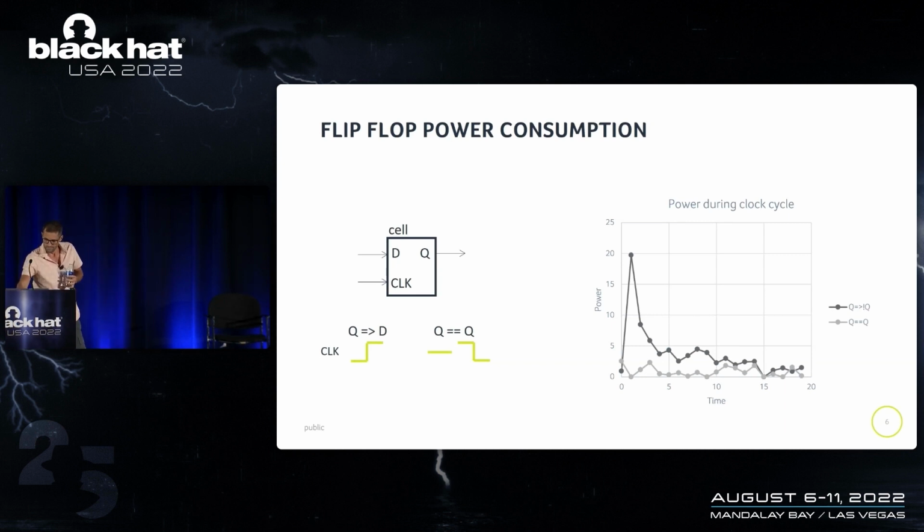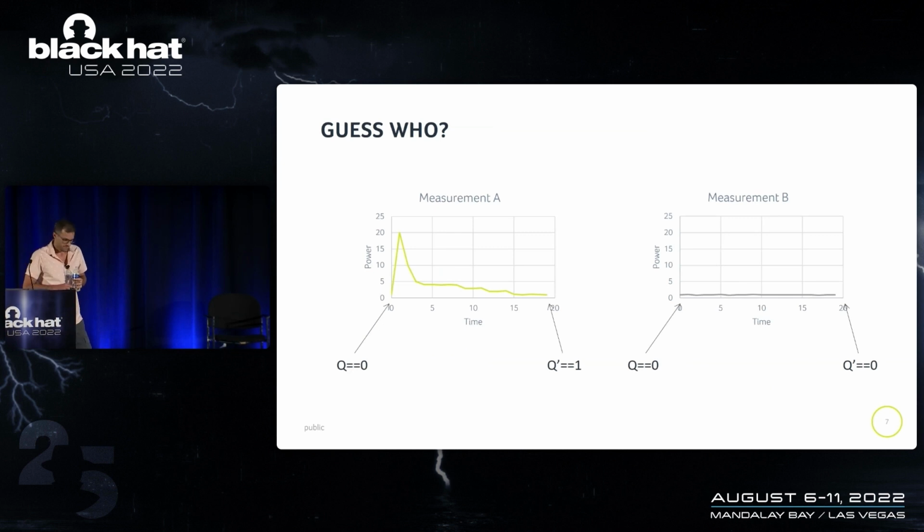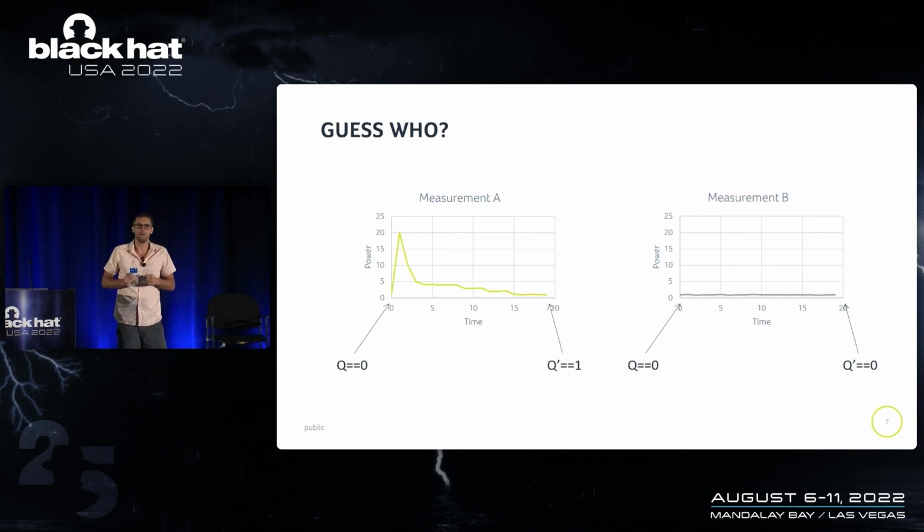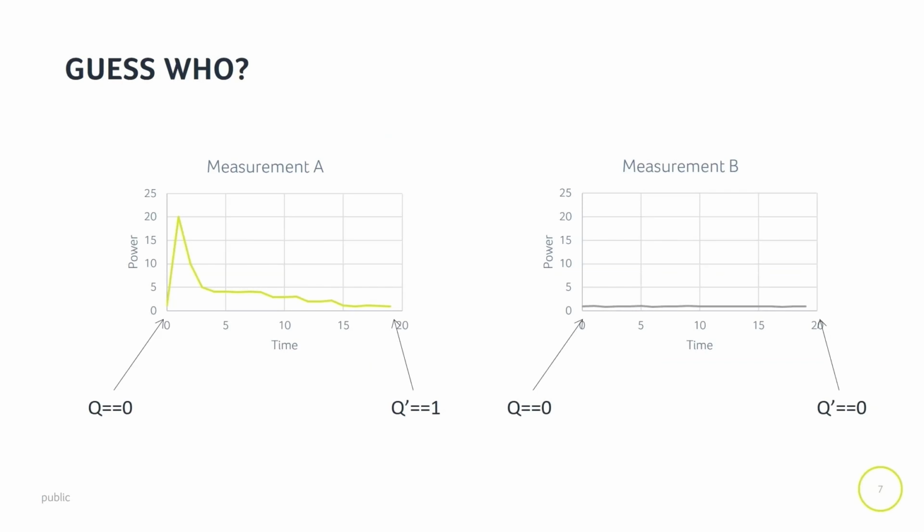Conceptually, if at time equals 0 we know that the stored value is 0, and we measure a power spike, then we know this bit has flipped from a 0 to a 1. And if we measure the power being constant, then we know that it has remained the same.